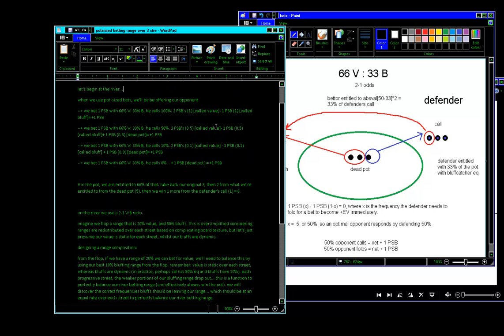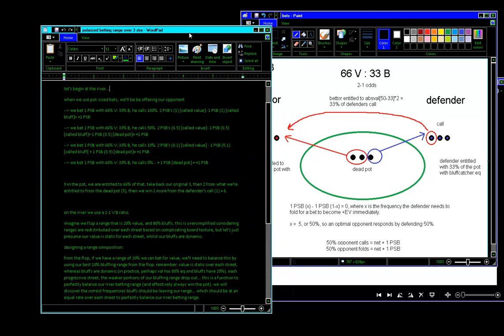So, just to demonstrate my point here about the calling frequencies not mattering and us always yielding one pot size bet provided we're perfectly balanced. Here, this is a calculation of all the possible scenarios where he's calling at 50%. In the past, I did this a little differently, so mathematically it might not make sense.